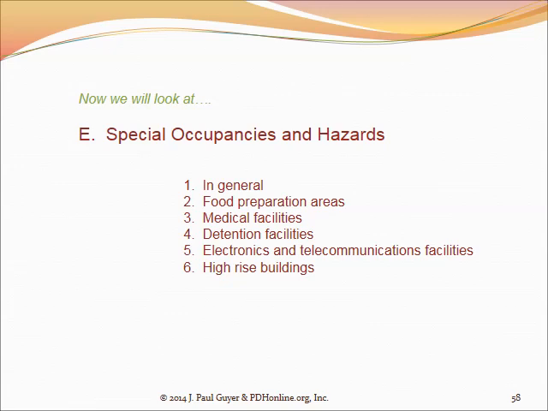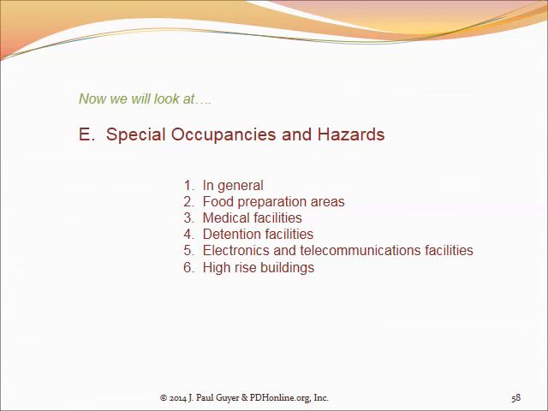These include food preparation areas such as commercial and restaurant kitchens. Medical facilities are a very significant special occupancy and hazard and require a high degree of expertise when undertaking to design fire protection systems for them.